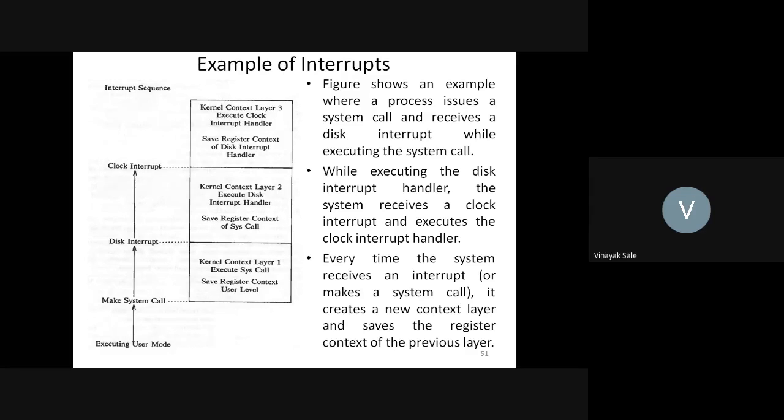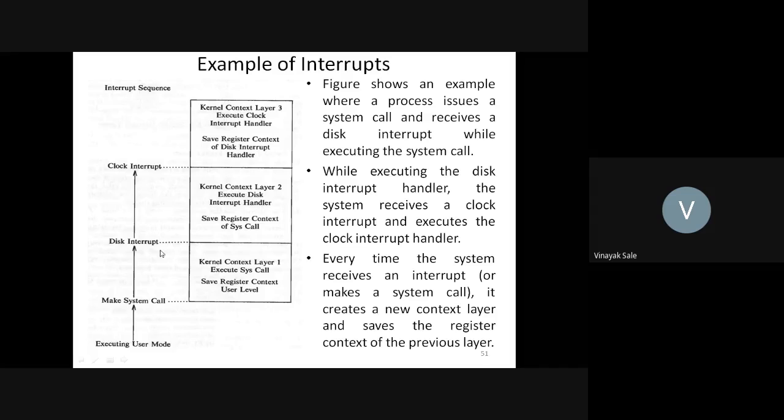Every time the system receives an interrupt, it creates a new context layer. Suppose there is an interrupt due to a system call, it creates a new context layer, layer 1, for executing that system call.